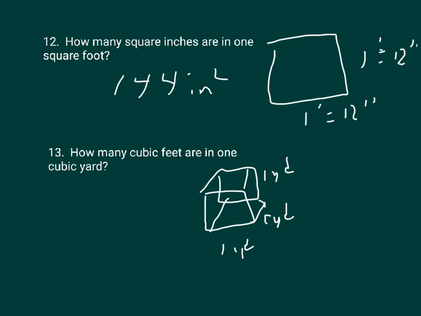And every yard is 3 feet. So instead of 1 times 1 times 1 for 1 cubic yard, you need to do 3 feet times 3 feet times 3 feet. So that would be 27 cubic feet. 27 cubic feet in a cubic yard.